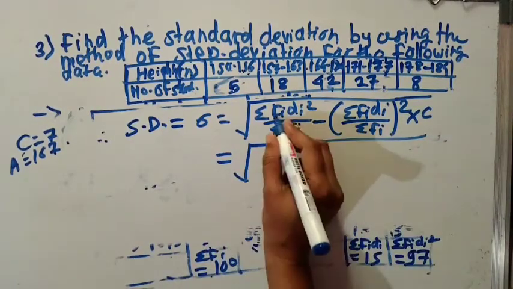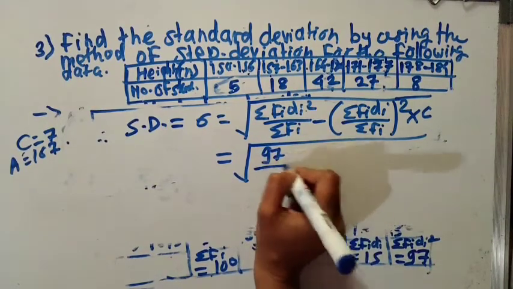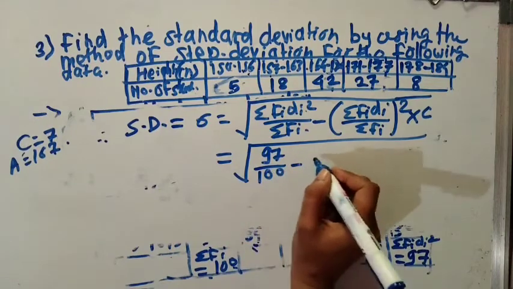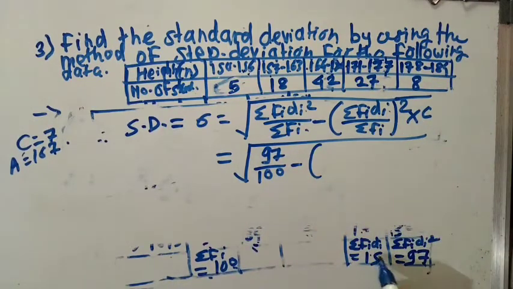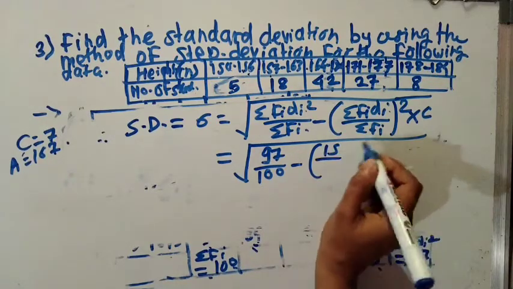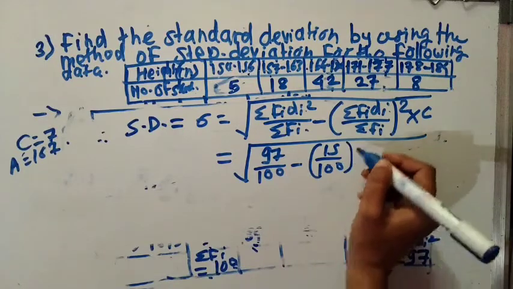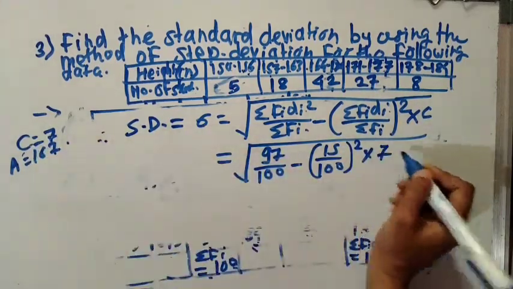And summation of fi di square is 97 upon summation of fi is 100, minus summation of fi di is 15 upon summation of fi is 100, this square, into C is 7.